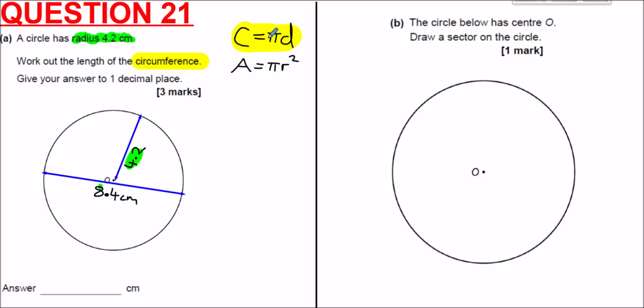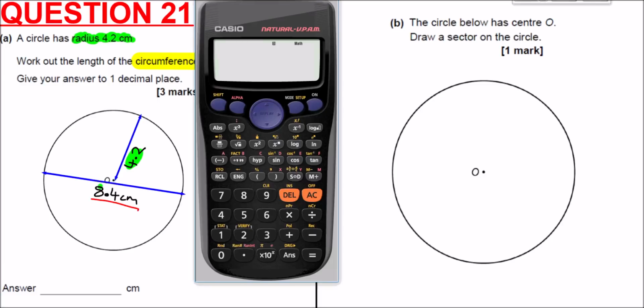So using this formula here for diameter, C equals pi multiplied by the diameter. Now we just worked out that the diameter is 8.4 because it's double 4.2. And so the circumference is just going to be pi multiplied by 8.4.